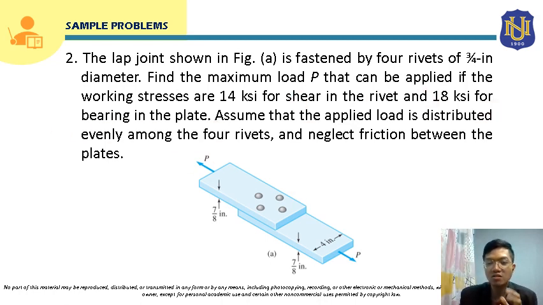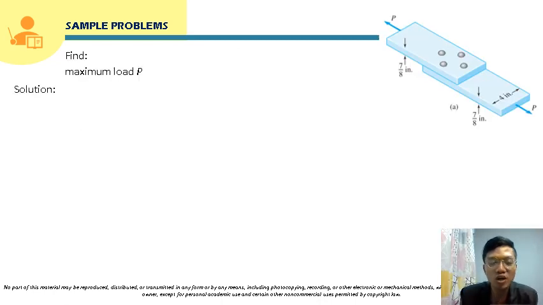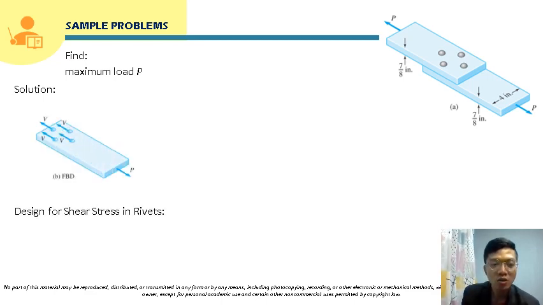Now, let's start solving this problem, class. To solve this, we are going to use the working stresses, or allowable stresses, given in the problem. Let's start with the allowable shear stress. We will design the rivet using the allowable shear stress. The allowable shear stress is a shear stress, so its formula will be equal to V over A, or the shear force over the area of shearing.